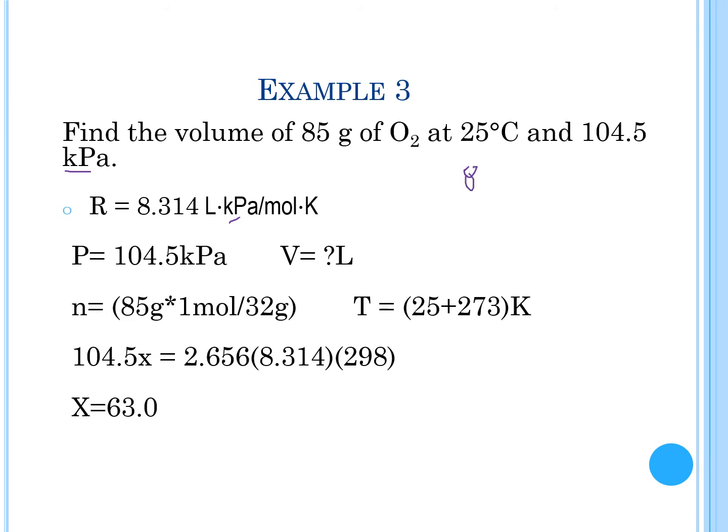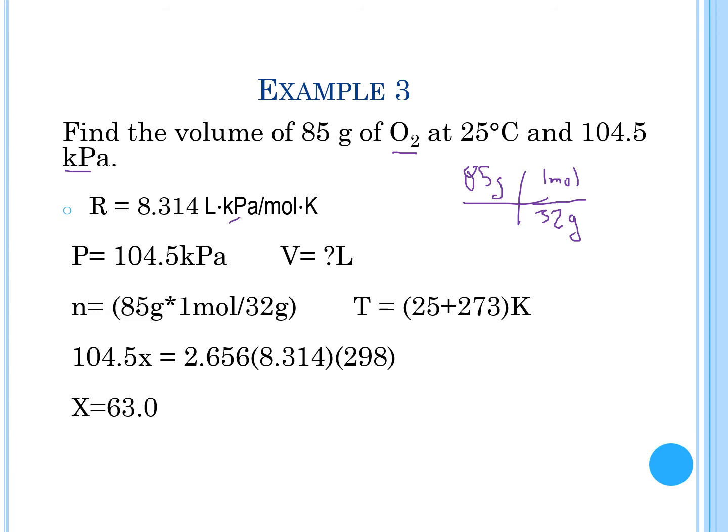So 85 grams, and we are dividing by 32 grams because that is the molar mass of oxygen. We get that from our periodic table, 16 grams per oxygen atom. There are 2 of them. 2 times 16 is 32.